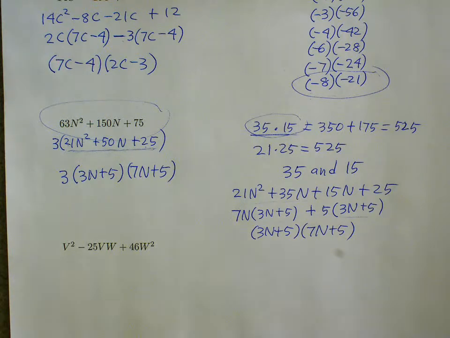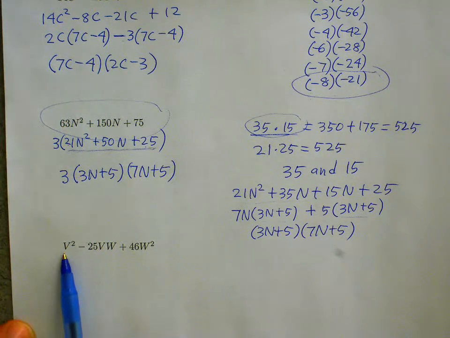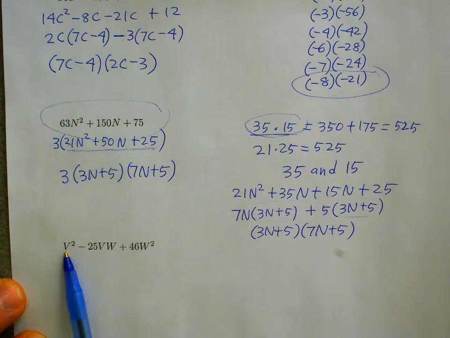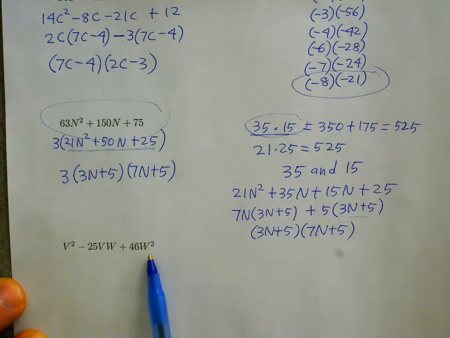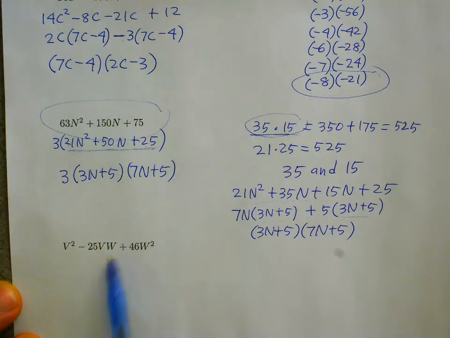So I'll just point out something. The term on the left involves the square of the variable, v to the second. The term on the right has w to the second. And the middle term has v to the first and w to the first. So if you ever have two variables in a trinomial, in order to be able to apply the AC method, it has to follow the same pattern.